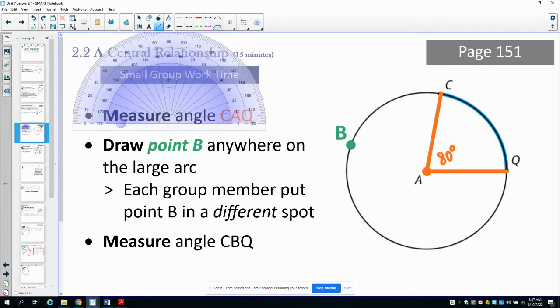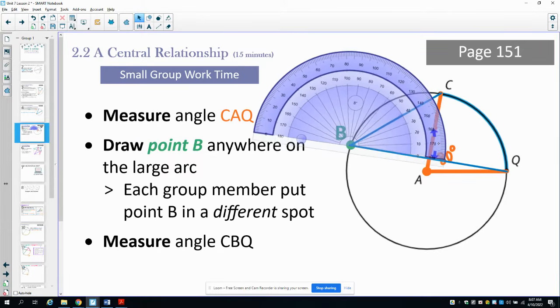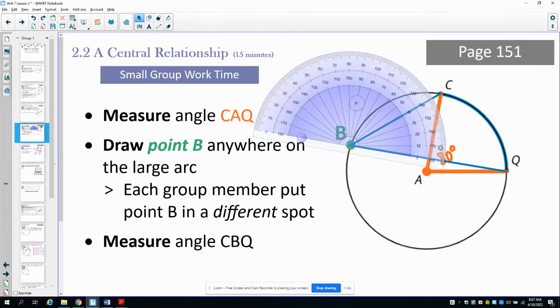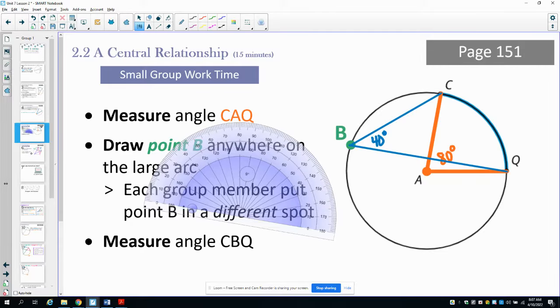Wherever yours ended up, measure the angle. Mine was 40 degrees. And maybe yours was 40 degrees also.